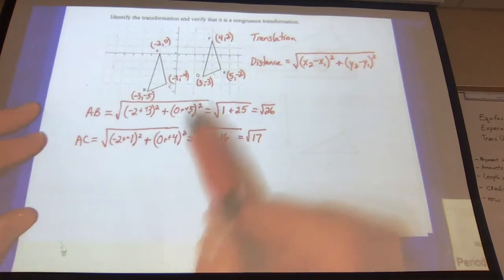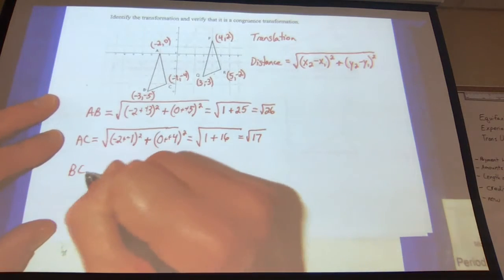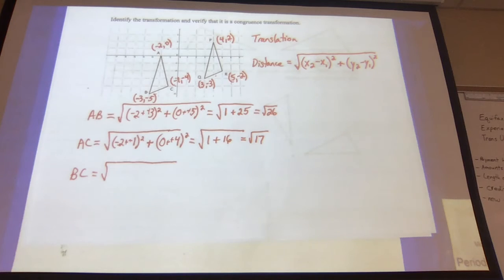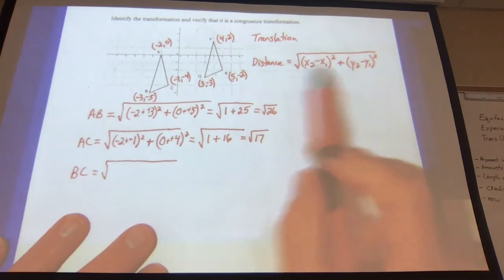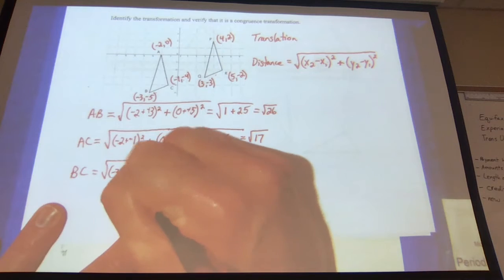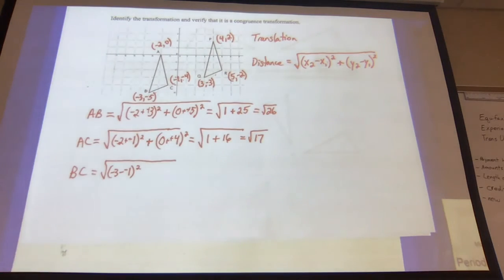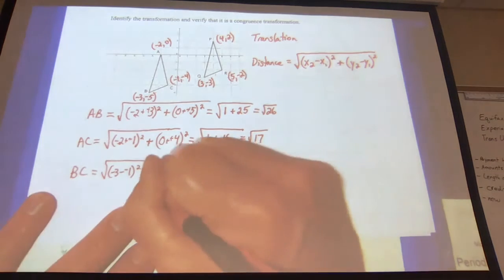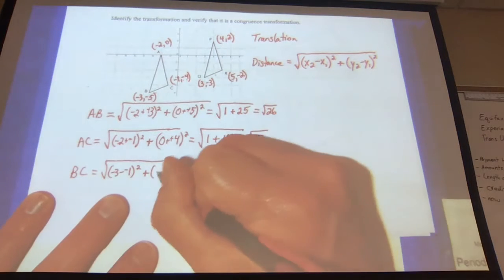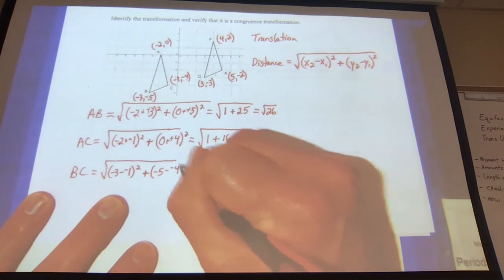All right, last side is BC. Same exact process. We'll start with the x coordinates. -3 and -1 are your x coordinates. That gives us -3 minus -1 squared. Y coordinates, we have -5 and -4. That's -5 minus -4 squared.